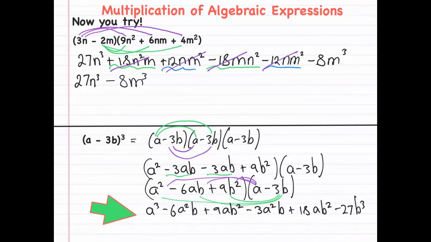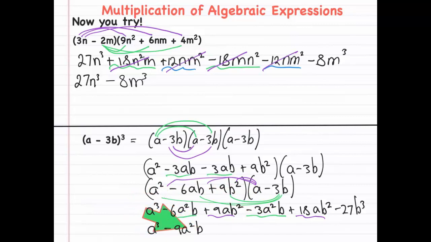And then add all the like terms with one another. So let's just quickly go and have a look. This and that one, they are like terms. And this one with that one, they are like terms. And we end up with a to the power of 3 minus 9a squared b, because minus 6 minus 3 is minus 9, and they're the same thing.